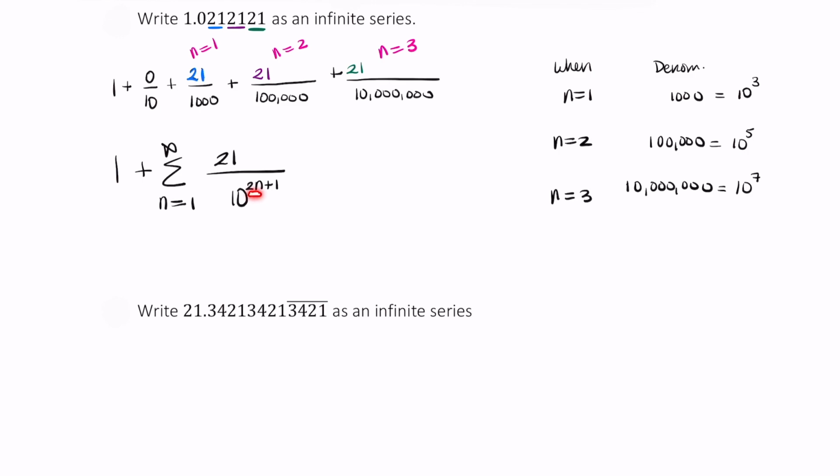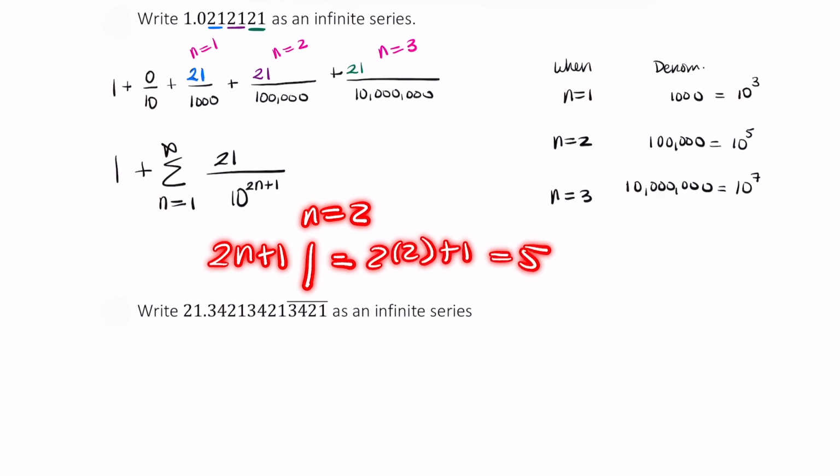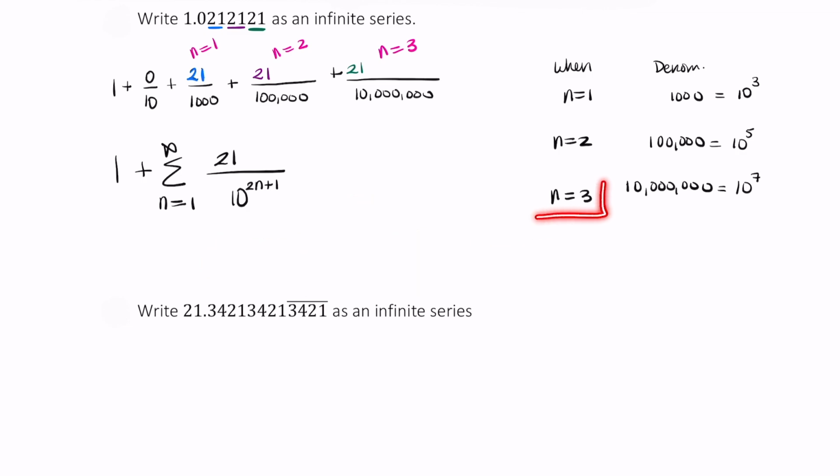This tells us on our first term n equals 1, change that n to 1, and then add 1 to get a 3. For our second term, for 2n plus 1, we're going to write 2 times 2 plus 1, which is 5. And go ahead and check for yourself that it does also work for n equals 3. All right, you should have checked for yourself that this pattern does indeed work for n equals 3. And here we have this value written as an infinite series.